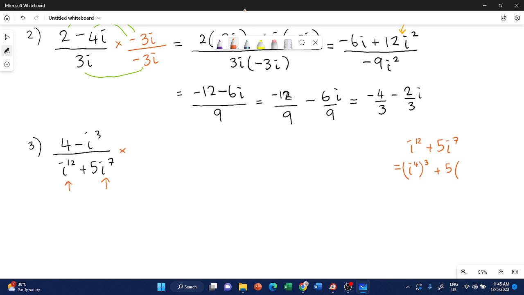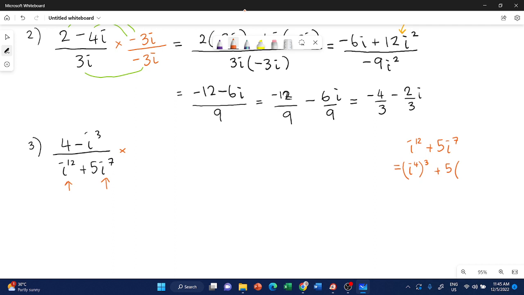Okay, so do you remember how to simplify this i? By separating into two. How about 12? Do you get how I make it 4 and 3? Yeah. Vishnu, are you okay? Yeah, I'm okay, madam.